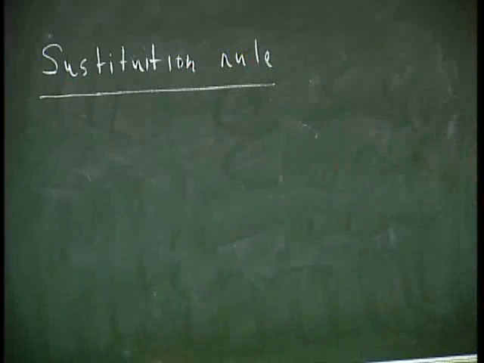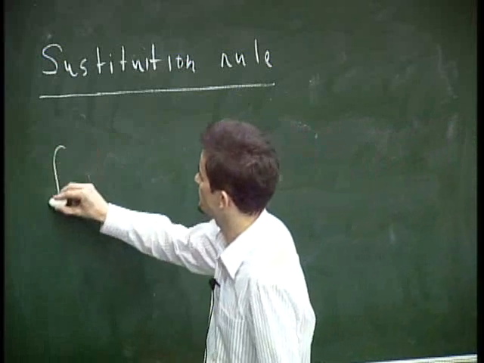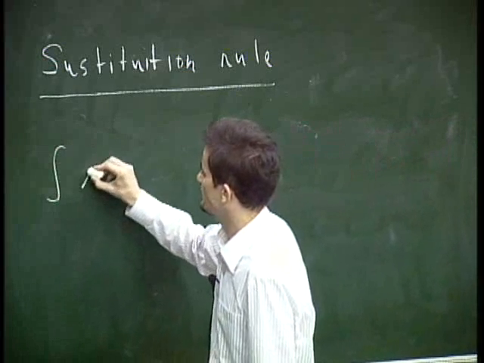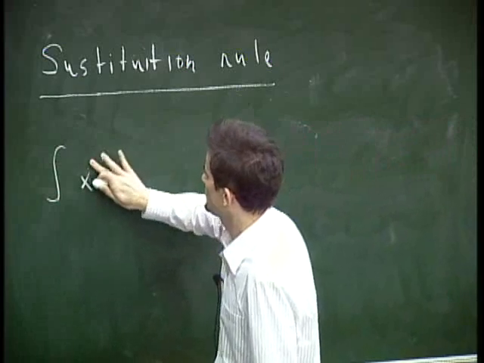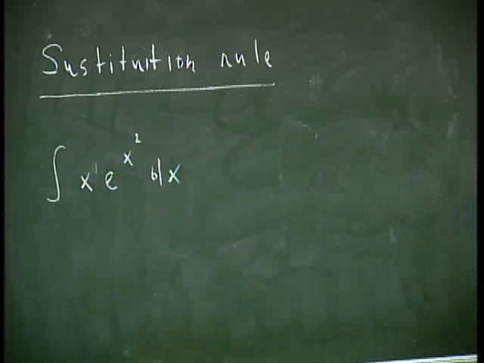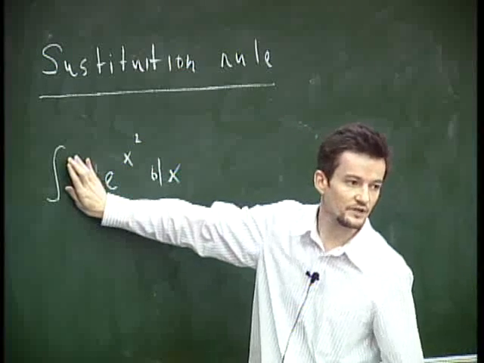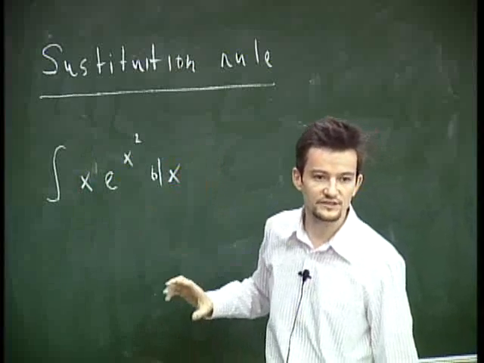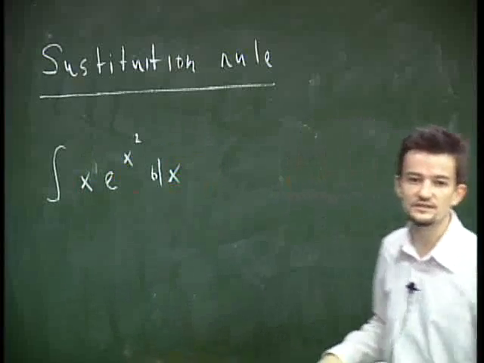This is something maybe you have already applied in high school, or you have already used in other classes. Like, let's look at this integral. This integral is pretty different from the integral I showed you before. If you drop this one, okay, it's not possible to find an expression. But for this one, it's indeed possible.